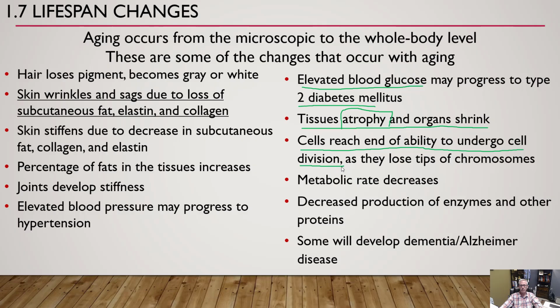If you remember mitosis, they lose the tips of chromosomes, we'll talk about that in a subsequent chapter. Our metabolic rate decreases. You can't eat that extra large pizza that you used to be able to eat without gaining 42 pounds. We decrease production of enzymes and other proteins. We develop dementia, Alzheimer's disease. A lot of things happen as we get older.